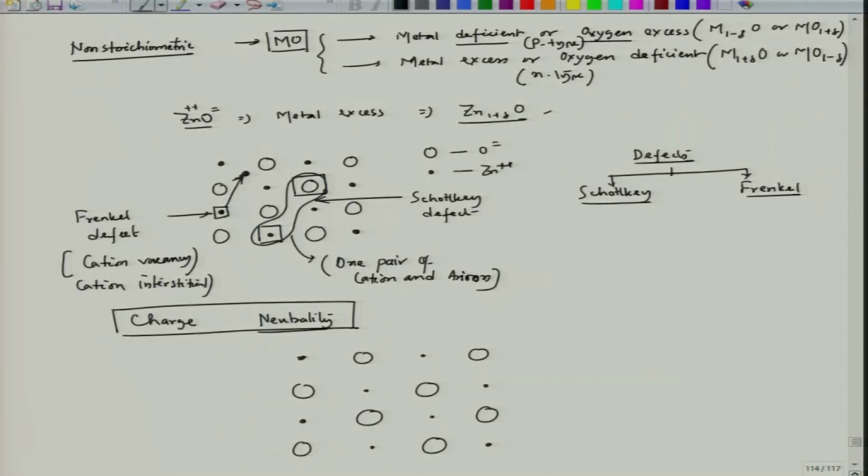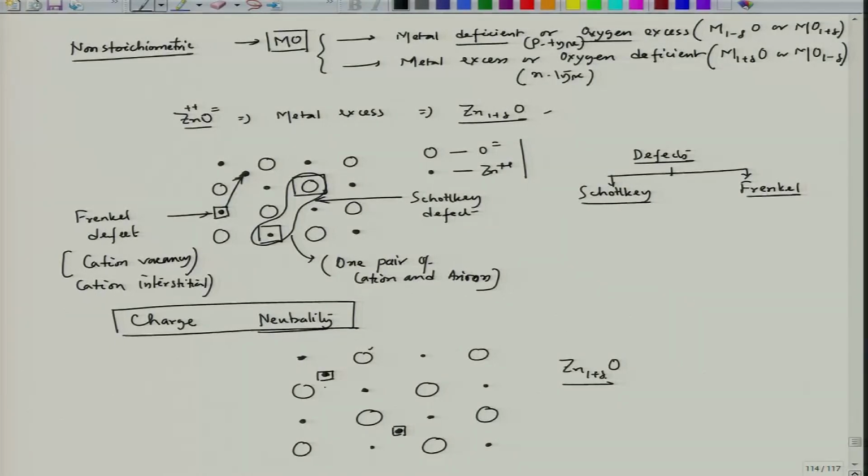Okay. So, now if it is zinc 1 plus delta O, where delta is a very small quantity, that means we have extra zinc ion. Here we see the notation for zinc ion and oxygen ion: these are oxygen, this is zinc. Let us say 2 extra zinc ions are there.